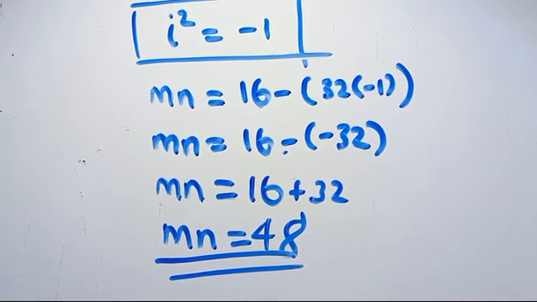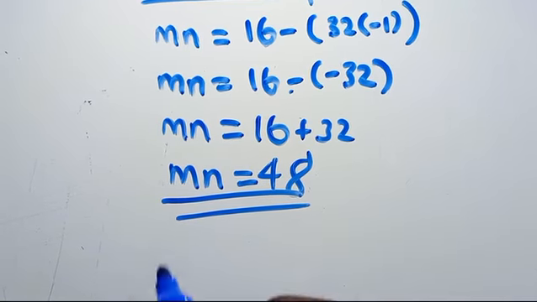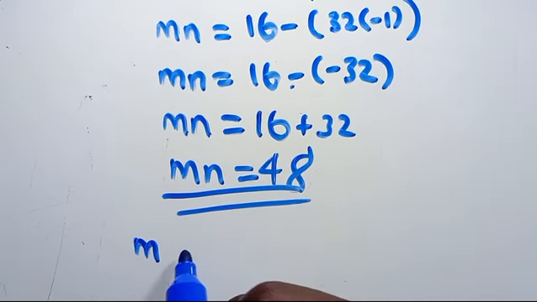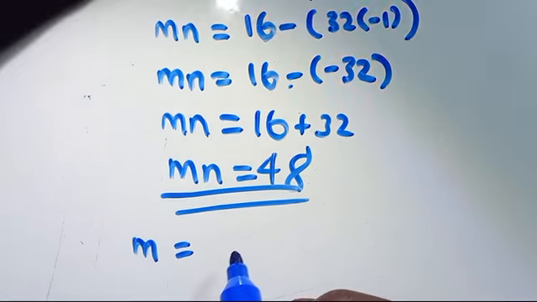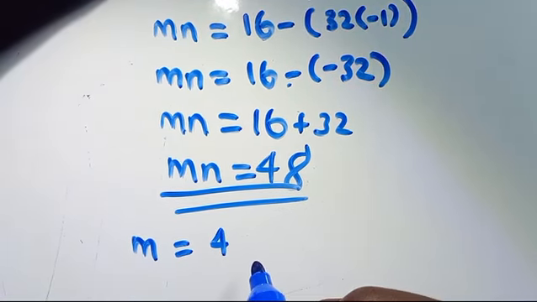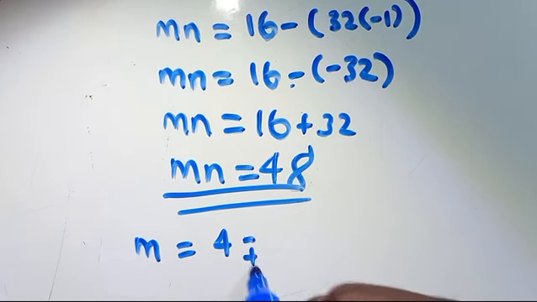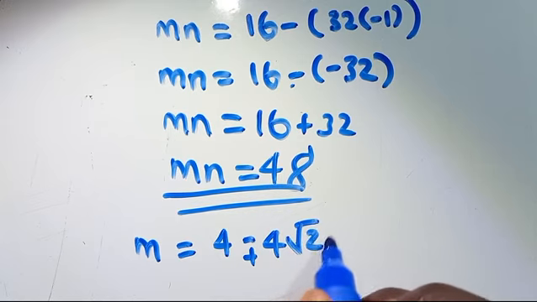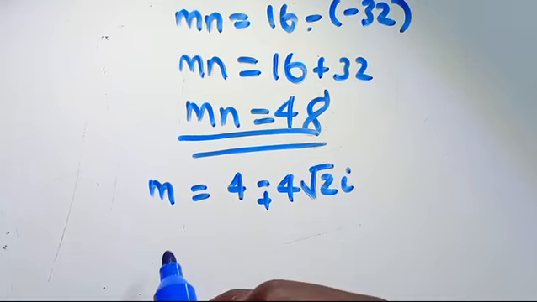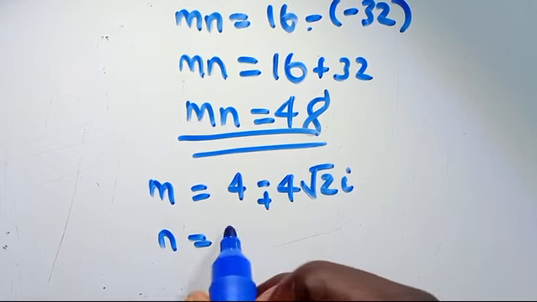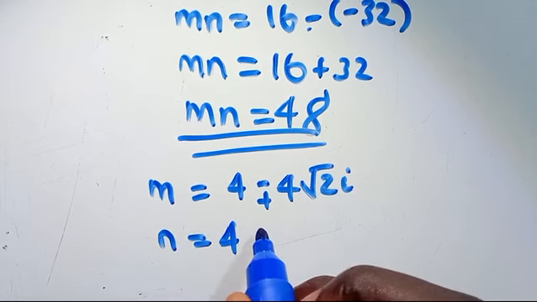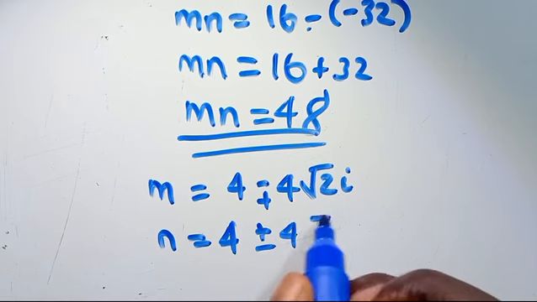So this tells us that the value is correct. m equals 4 minus or plus 4 multiplied by root 2i, and n equals 4 plus or minus 4 multiplied by root 2i.